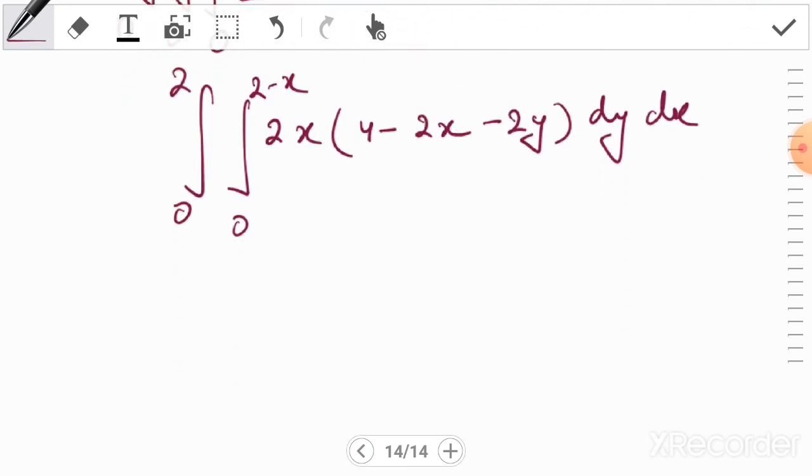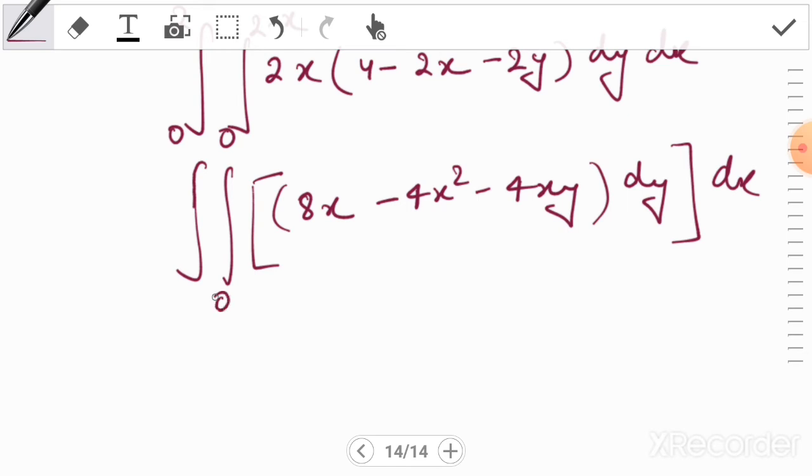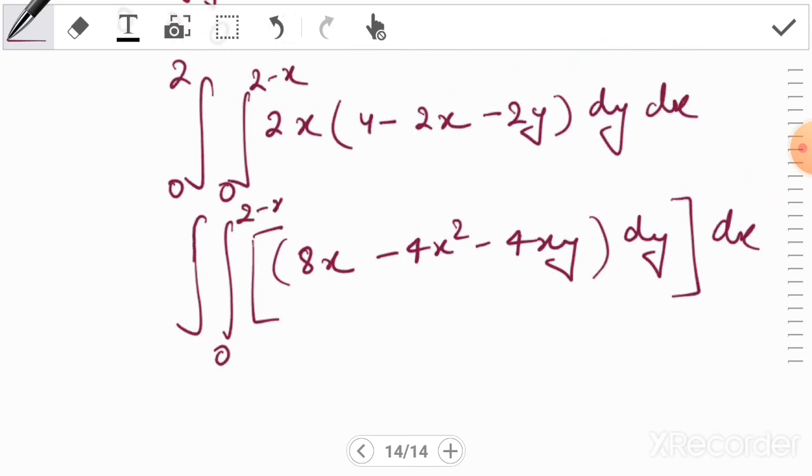So again, this is 8x minus 4x square minus 4xy dy. Now assume x as constant. Yes. Okay. So y varies from 0 to 2 minus x, x varies from 0 to 2.